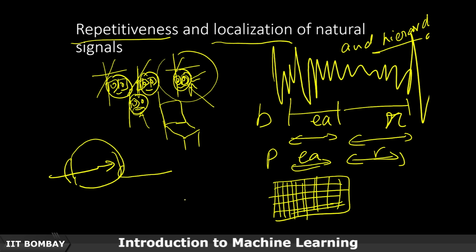So in the visual cortex there are neurons, and they are such that they only look at a local portion of the retina. Each neuron looks at only a local portion of the retina, and it detects a very simple feature such as an oriented edge, whether the edge is vertical or horizontal or diagonal and so forth. And there are several such neurons here.